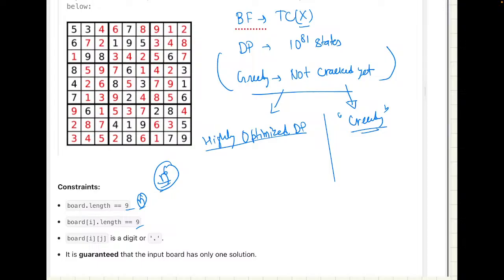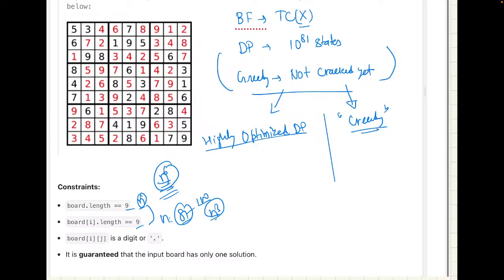N to the power 6 will probably work in this case, right? Or if we use, let's say, 81 is our n here, then probably, let's consider this as 100, so we can have an n cubed solution here.